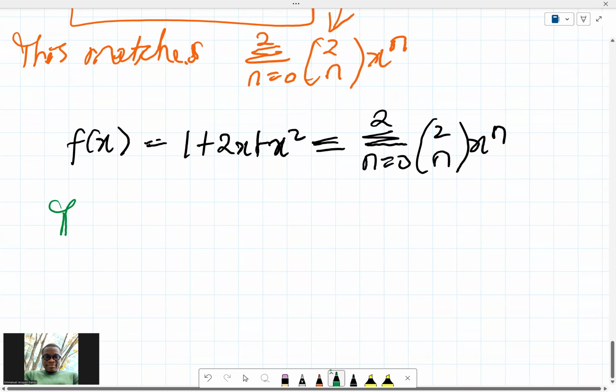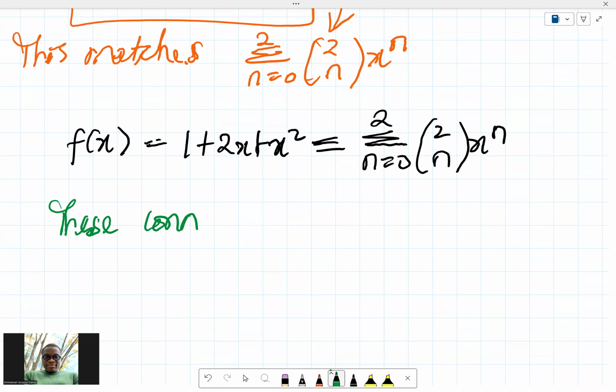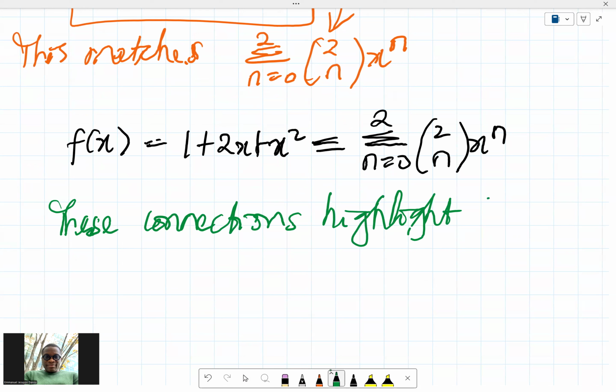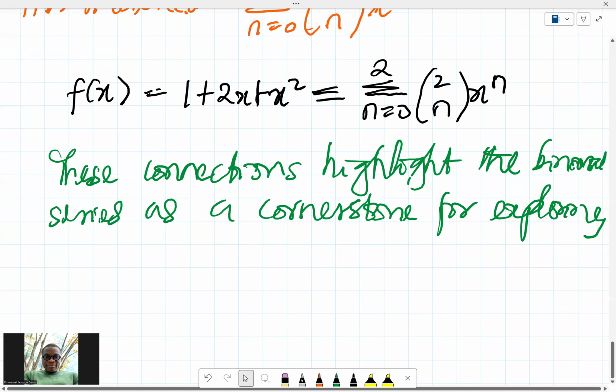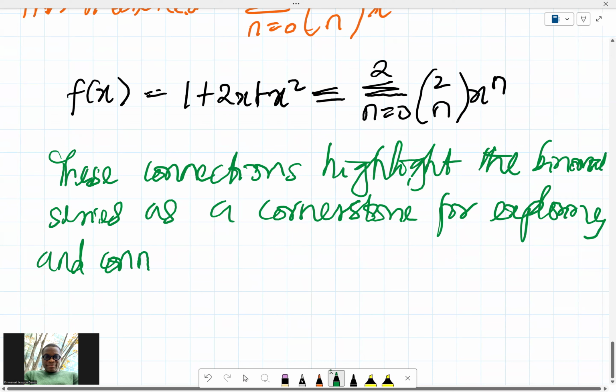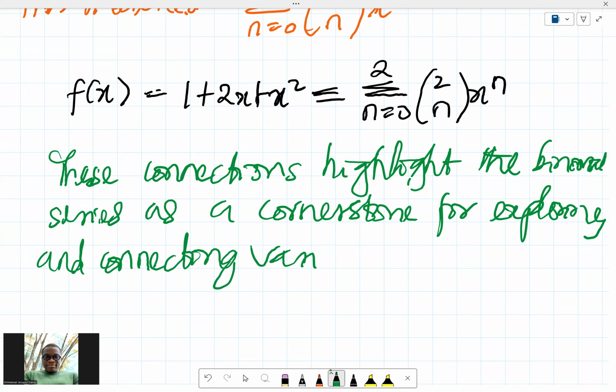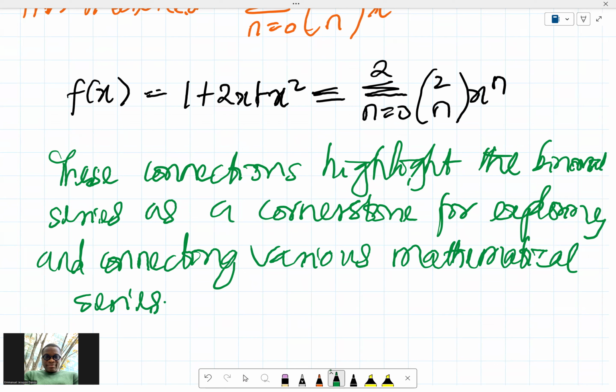So we can say that these connections highlight the binomial series as a cornerstone for exploring and connecting various mathematical series.